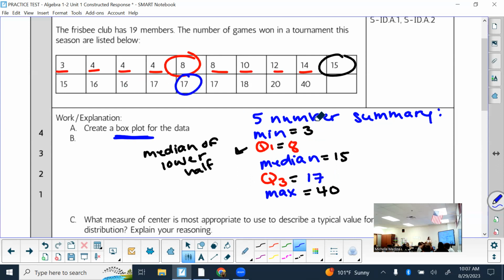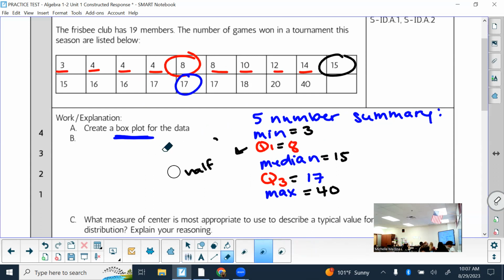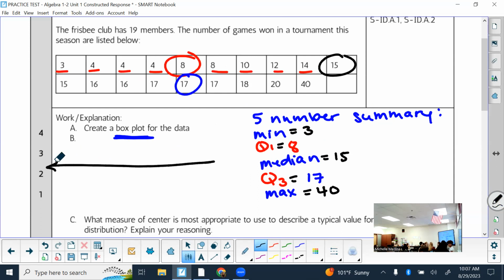So now that you have your 5-number summary, and if you use Desmos, it should still tell you that same data that I just acquired. Then you make your box plot. So figure out what to label for your number line. If it starts at 3 and ends at 40, maybe I'll consider counting by like 5 or 10 because I have a small screen right now.